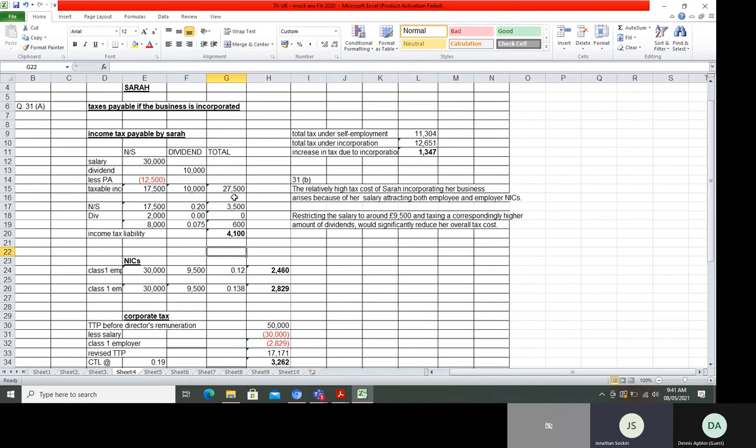Then you sum, and for summation here, I believe you cannot use auto sum like I did here, but you can say equal to this amount, plus this one, plus this one, and then we end.